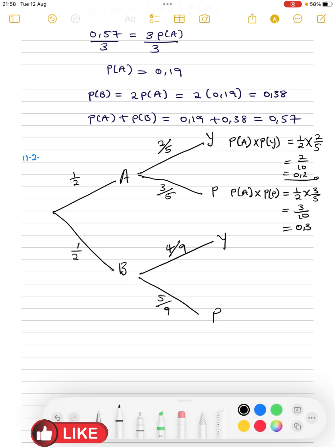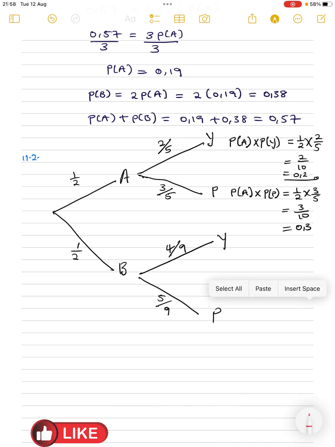Now I want to look at the probability of picking bag B multiplied by the probability of picking a yellow. It will be half times 4 over 9, so I end up with 4 over 18.